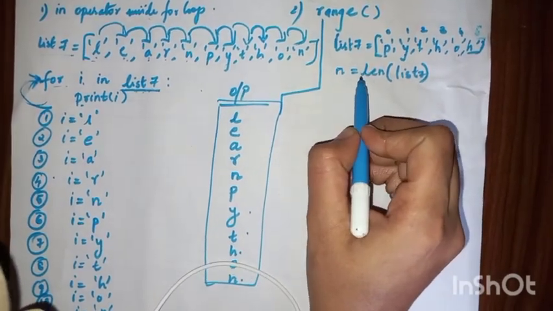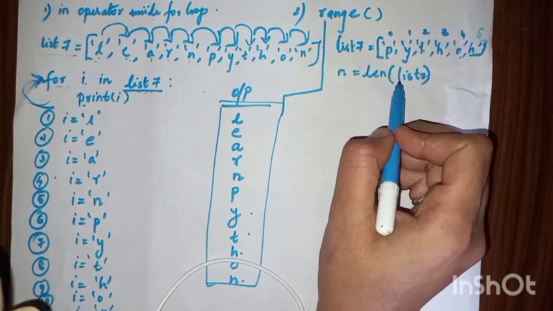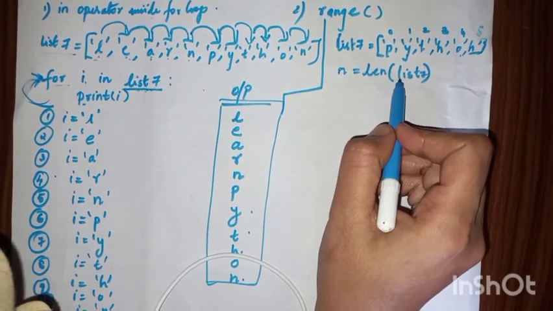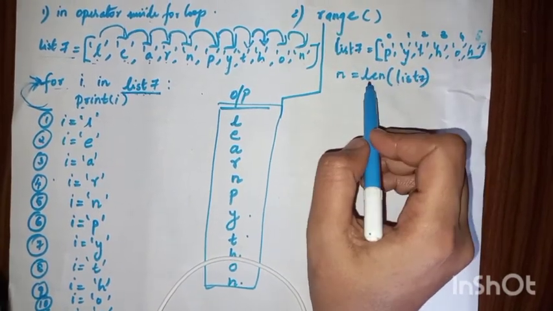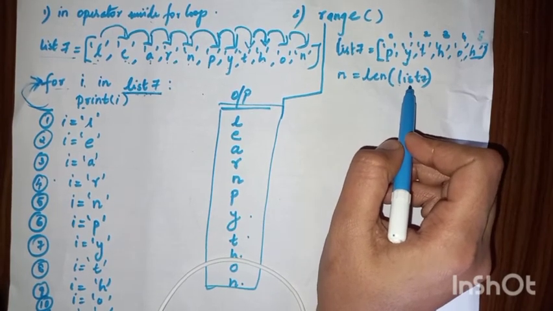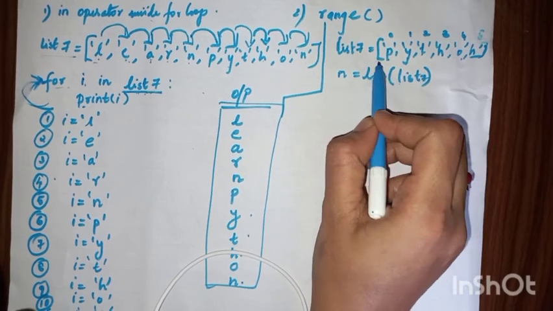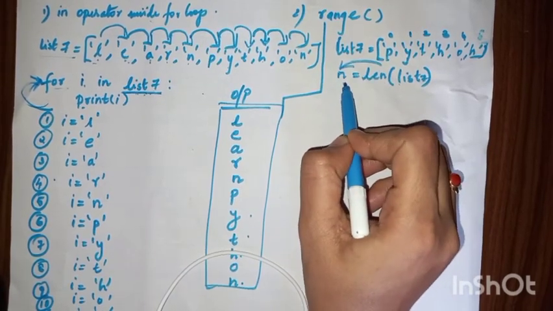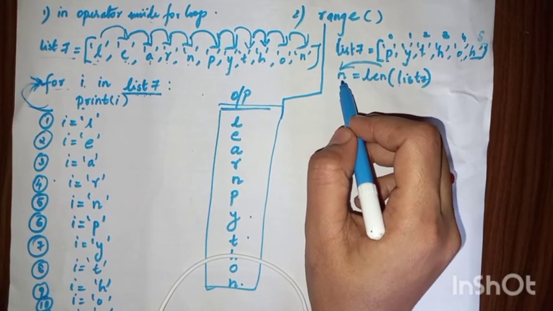So len is the function to calculate the length of the list, and list 7 is the name of the list. The len function will compute the length and store the value in a variable n.